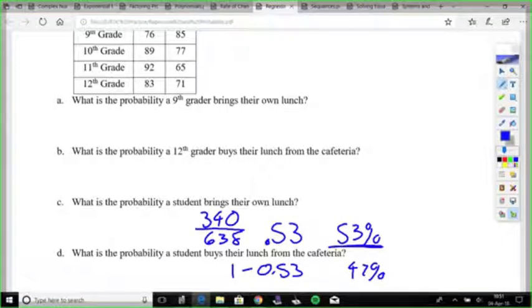So the difference between 100% minus 53% leaves us at 47%, or 0.47. It's just a difference. I don't have to redo the math. I don't have to add up everything again, because I know already how many people were in the other category. And that left whatever the remaining amount of people in the other. That makes sense. So anyway, that's how I did it.